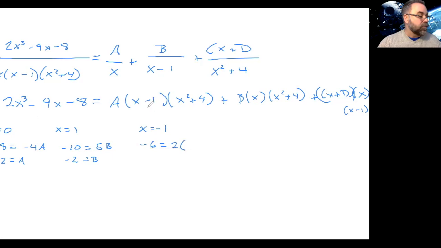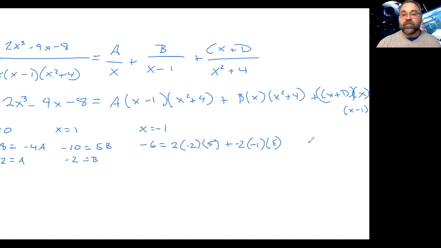If I put in negative 1, I get negative 2, and then x squared would be 1 plus 4, we get 5. Now remember, B is negative 2, x is negative 1, and of course this is 5.